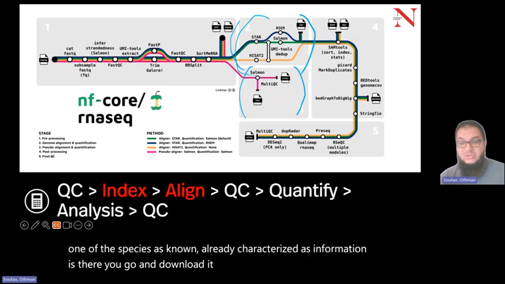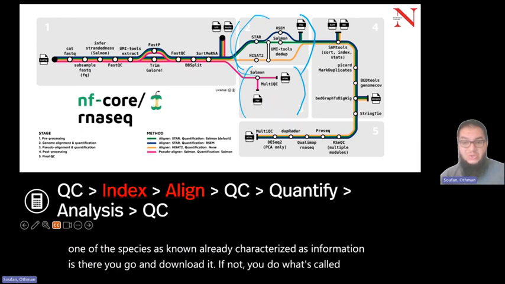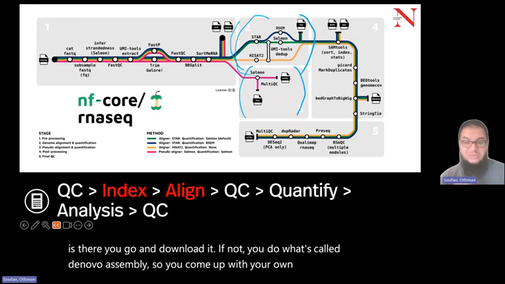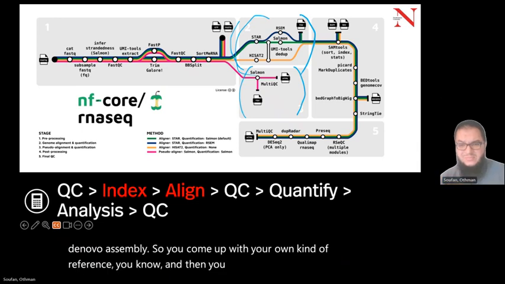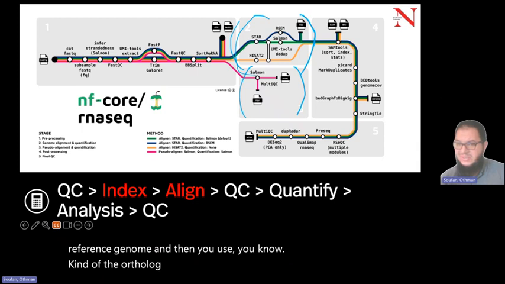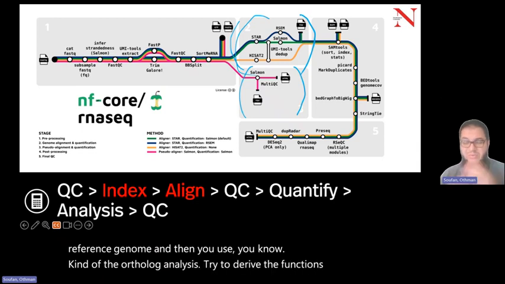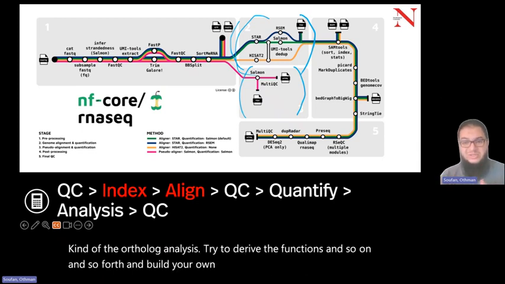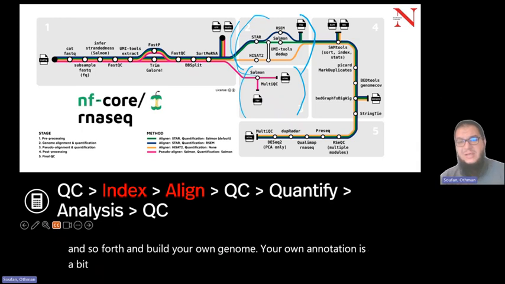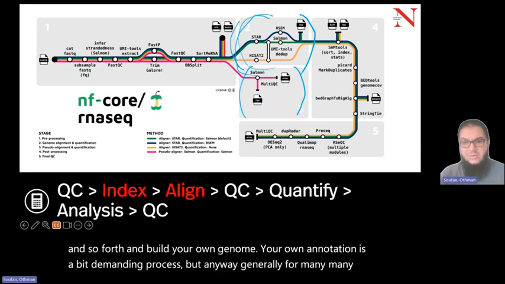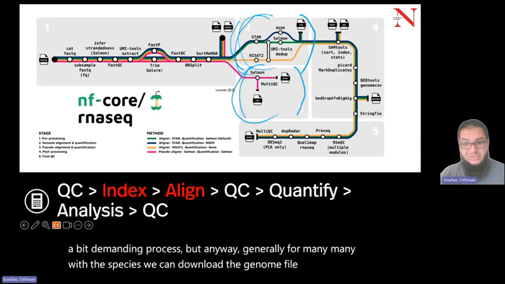If not, you do what's called de novo assembly. You come up with your own reference genome, then use ortholog analysis, try to derive the functions and so on, and build your own genome and annotation, which is a bit of a demanding process. But generally for many species, we can download the genome file and the transcriptome file.